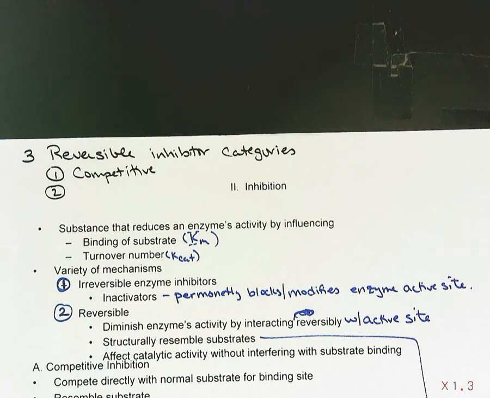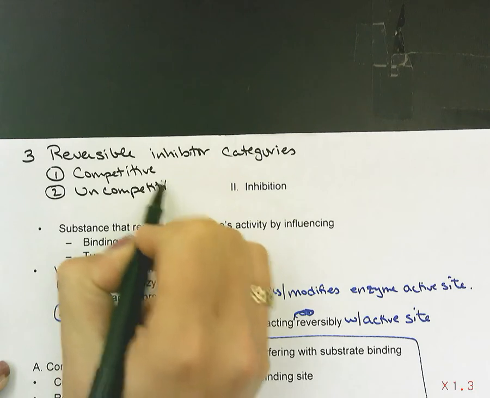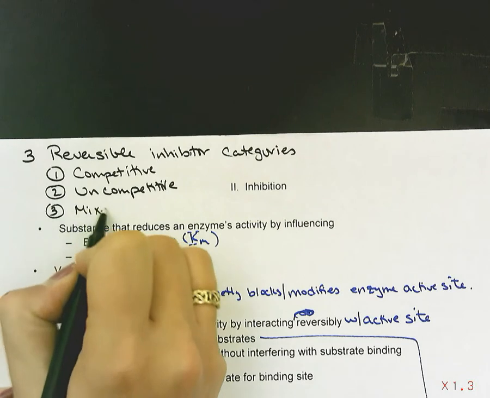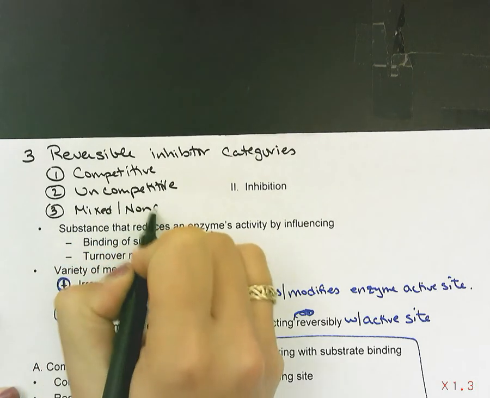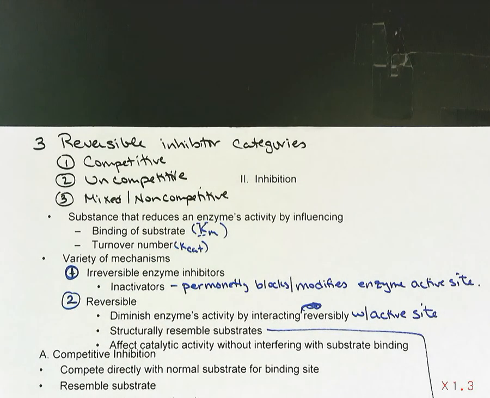Two is going to be uncompetitive. And the third category is called mixed/non-competitive. So we're going to walk through each of these three main categories and see what makes an inhibitor fall into one of these categories. Okay?